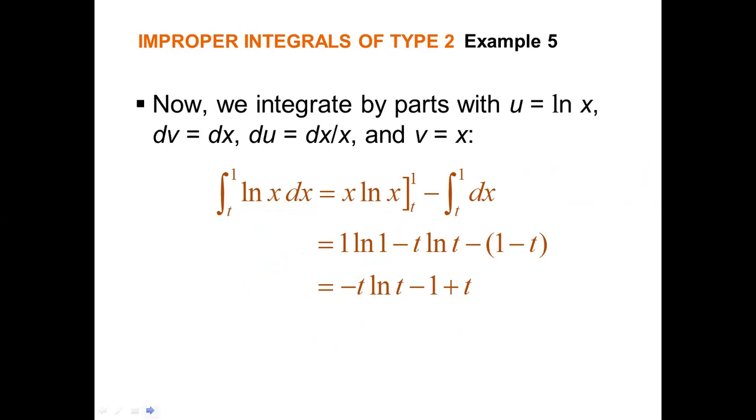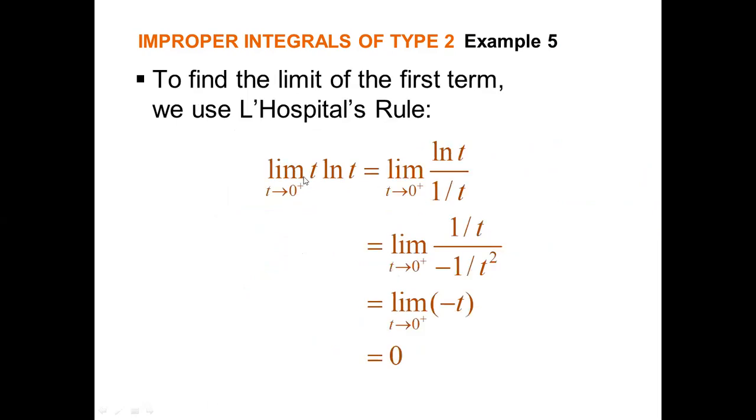Now, the limit of t ln of t is this. What happened here is we are going to use L'Hopital's rule. Why do we need to use L'Hopital's rule in this case? Because it is indeterminate, ma'am. Let us look at what we call indeterminate.